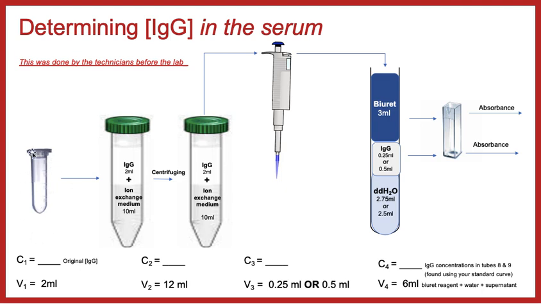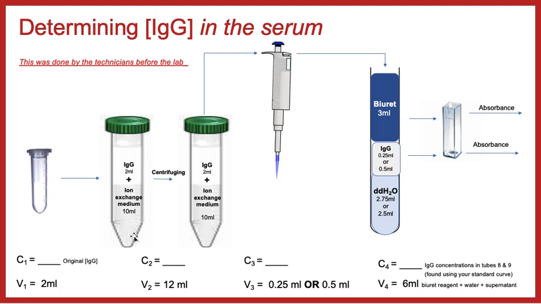So initially, we had 2 mLs of this bovine serum over here, and the concentration is a certain concentration. The lab technician took 2 milliliters of this initial concentration and put it in this Falcon tube over here. That green tube. Remember, it was on your lab bench and you guys were mixing it up?